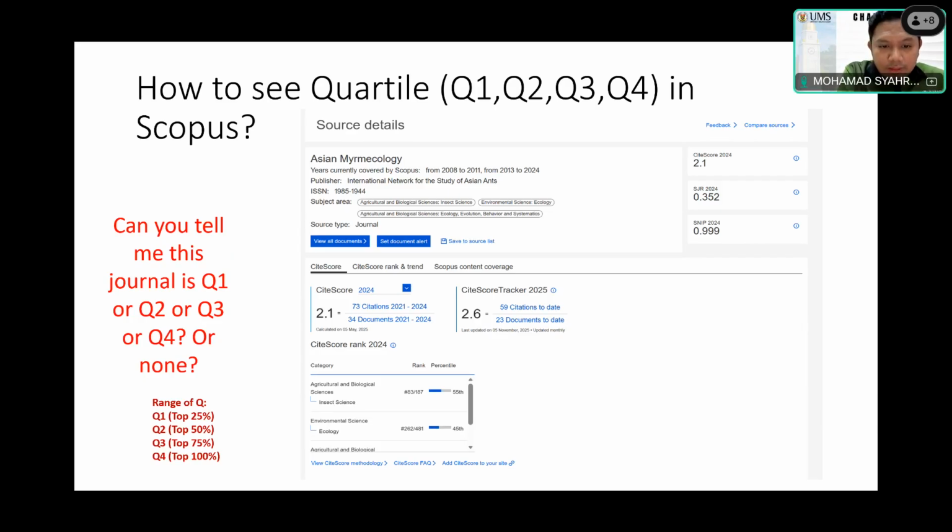Oops. Actually, you can see that for the category Insect Science, 83 per 187 times 100, that is 44. So 44 belongs to Q2. Yes, Q2.